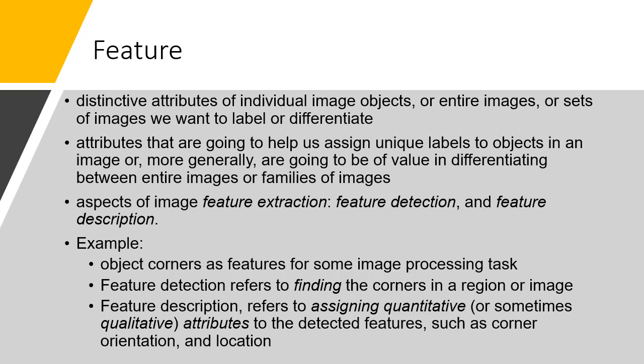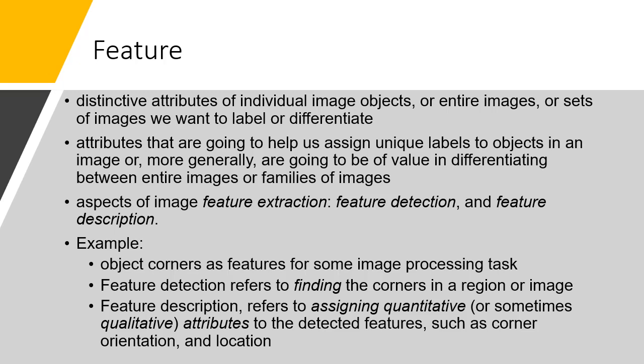Features could also be regarded as attributes that help us assign unique labels to objects, such as motorcycle, car, and so on, or more generally are of value in differentiating between entire images or families of images.